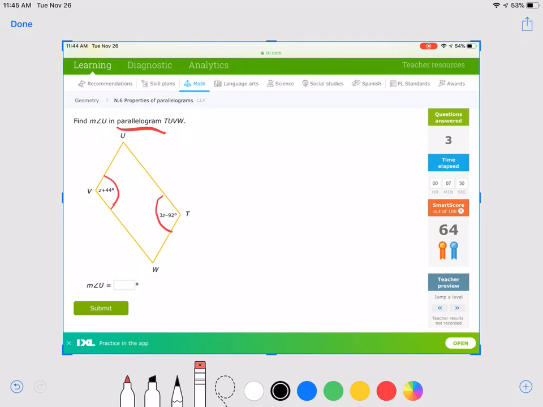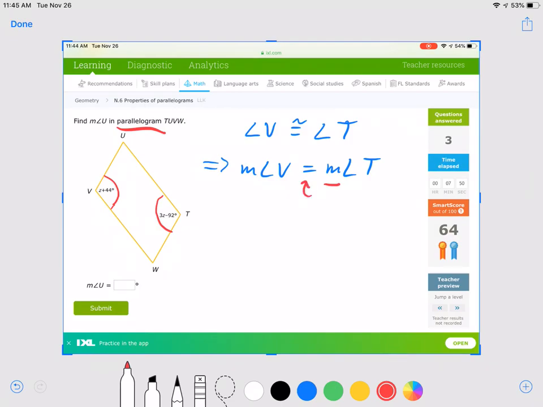So those two expressions have to be equal to each other. So let's do this the right way. Angle V is congruent to angle T, which implies that the measures of the angles have to be equal. Remember, the measure is an actual number. So the measure means a number, which is why we get to use the equal sign here.